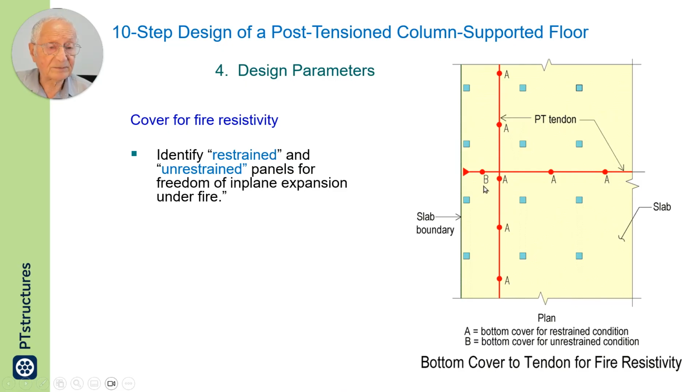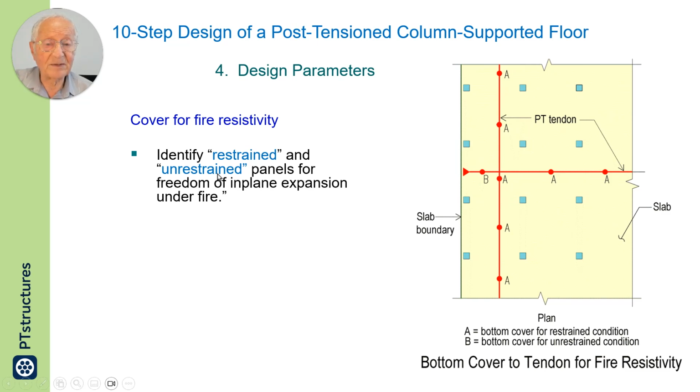Therefore, this point is unrestrained. In the up-down direction, the argument is brought that this panel cannot easily expand up or down here, as I have shown on a plan, because of the constraint of the adjacent panel. Therefore, A will qualify as restrained, B qualify as unrestrained.